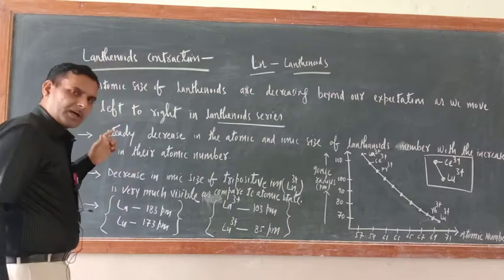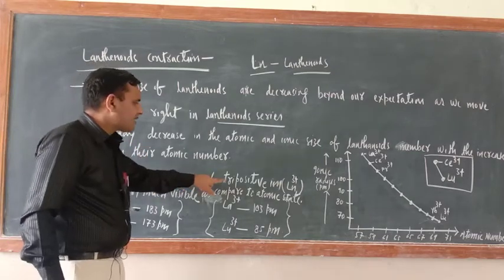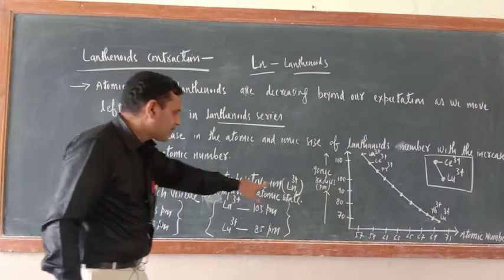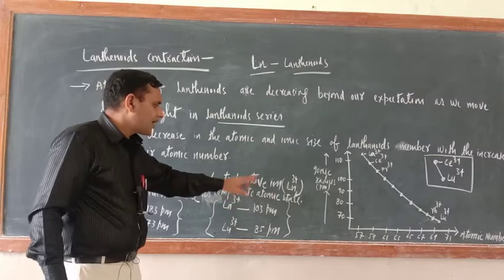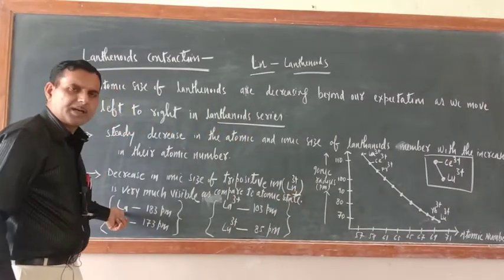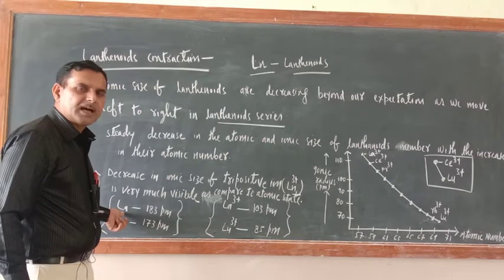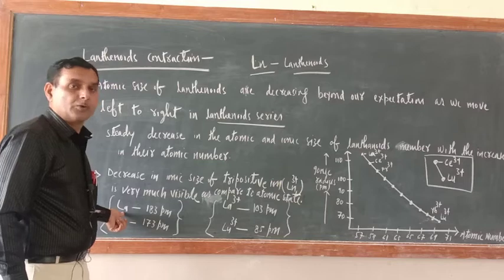Now there is one important aspect of this particular topic. The decrease in ionic size of the tripositive ion, Ln3 positive, is very much visible as compared to the atomic state. Here in the atomic state only a 10 picometer decrease is there as we move left to right, right from cerium to lutetium.